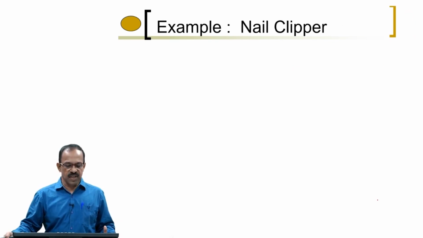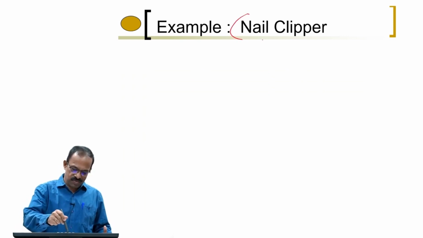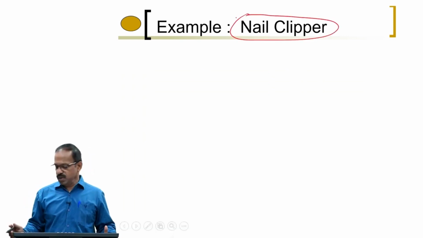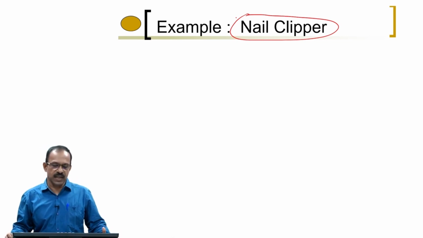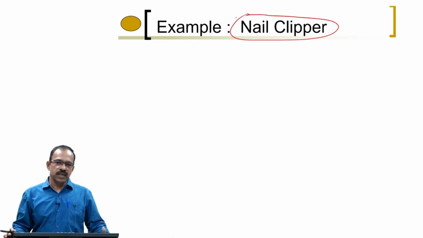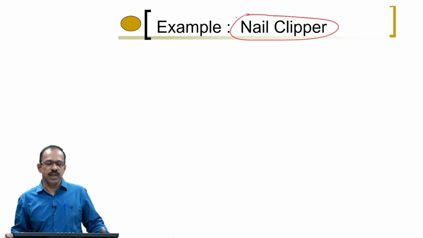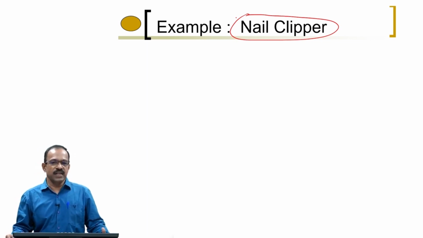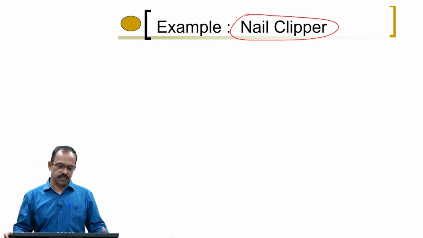Let us take this example of the nail clipper, which again is familiar to you. I have explained this a few times in the class for various other case studies. Let us see how the customer requirement based decomposition can be done, so that the functions which need to be improved to meet that particular requirement can be identified, and the designer can decide to modify one or more sub functions to meet the specific requirement of the customer.